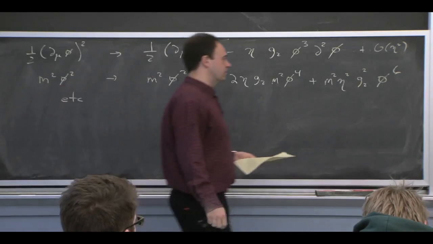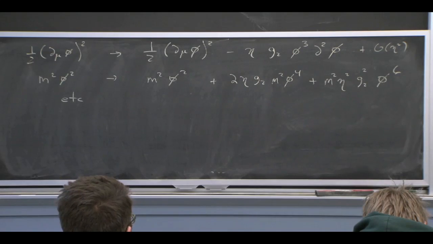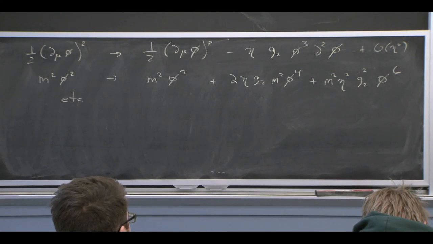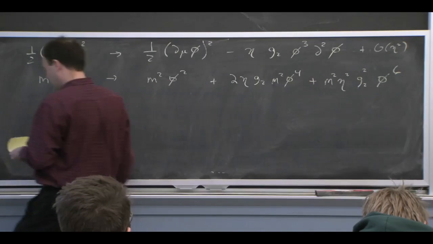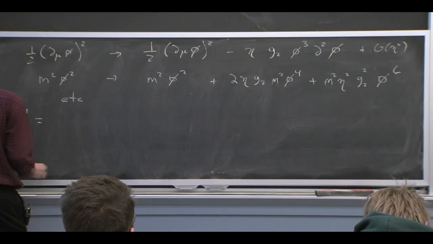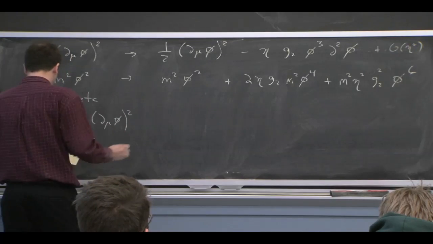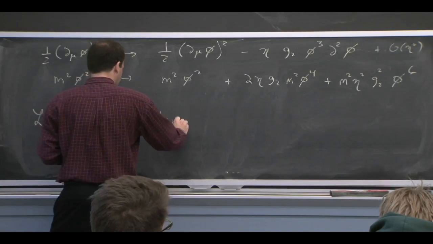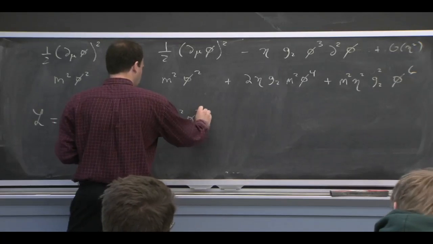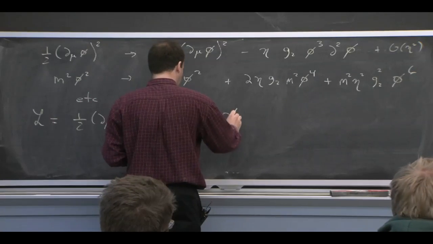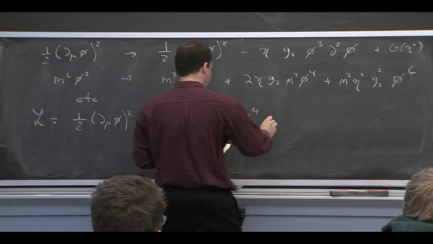So we would do it also for the lambda phi 4 term, and we do it for this phi 6 term. And what you get out when you do that is that you can write down the Lagrangian, and you can group together the terms. And that operator is gone.